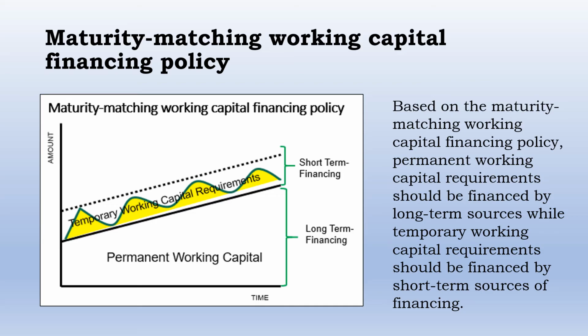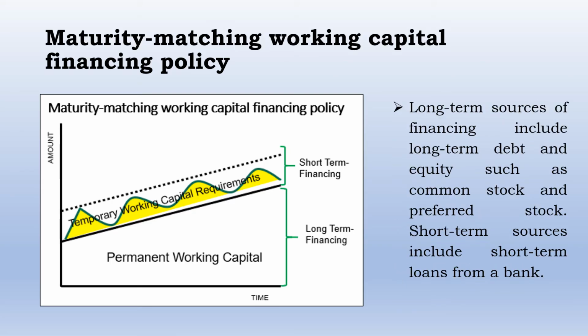Based on the maturity matching working capital financing policy, permanent working capital requirements should be financed by long-term sources while temporary working capital requirements should be financed by short-term sources of financing. Long-term sources of financing include long-term debt and equity, such as common stock and preferred stock.